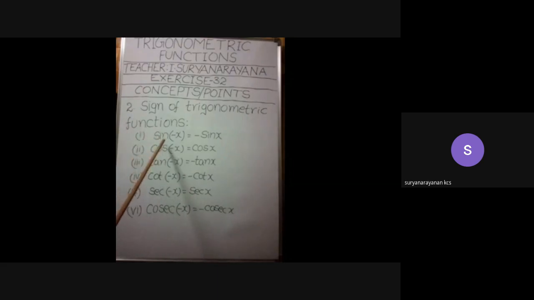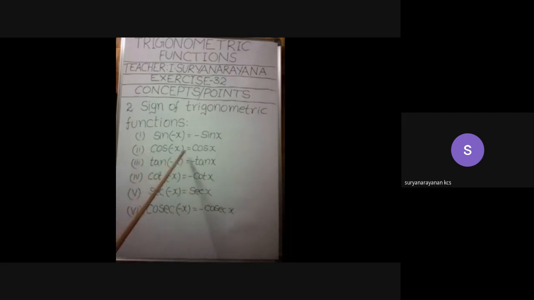See this one, sine of minus x is equal to minus sine x. Remember these points, my dear children. We use these points as formulae. In solving the problems, we use these results as a formula. Okay, my dear children. Remember and learn well. Okay, my dear children. Memorize these formulae well.